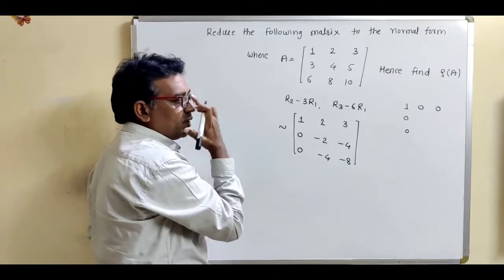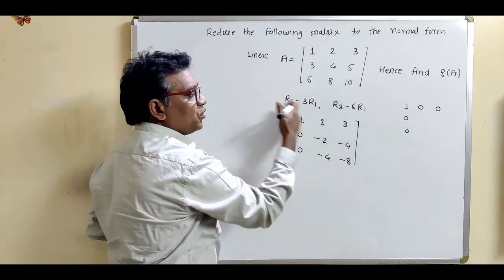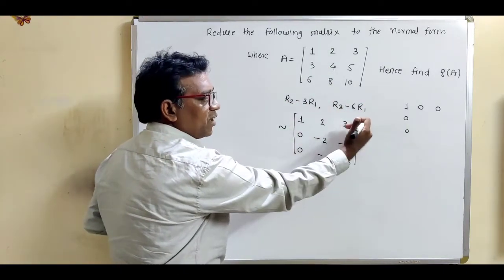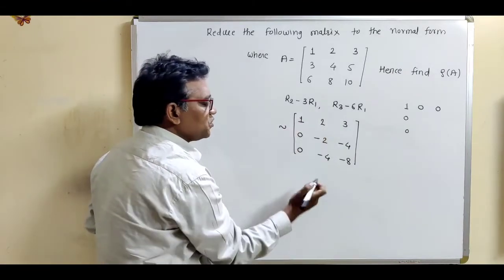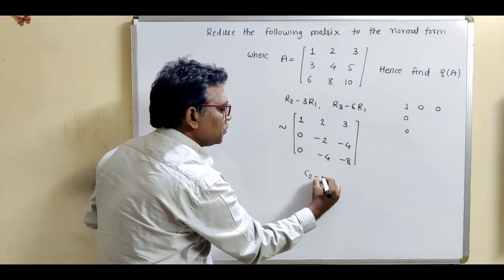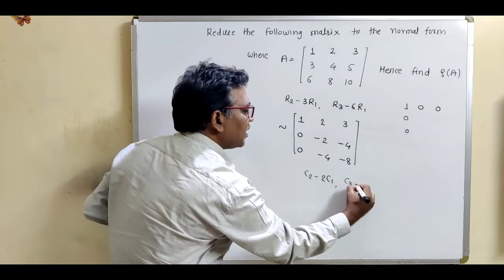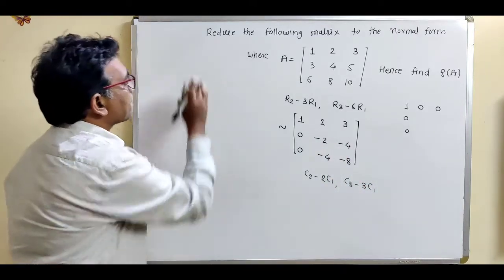First of all, remember this concept: for the lower elements, we have to use the row operation, and for the side elements, we have to use the column operation. So to make this element 0, use the column operation C2 minus 2C1, and for this element, the elementary operation C3 minus 3C1.